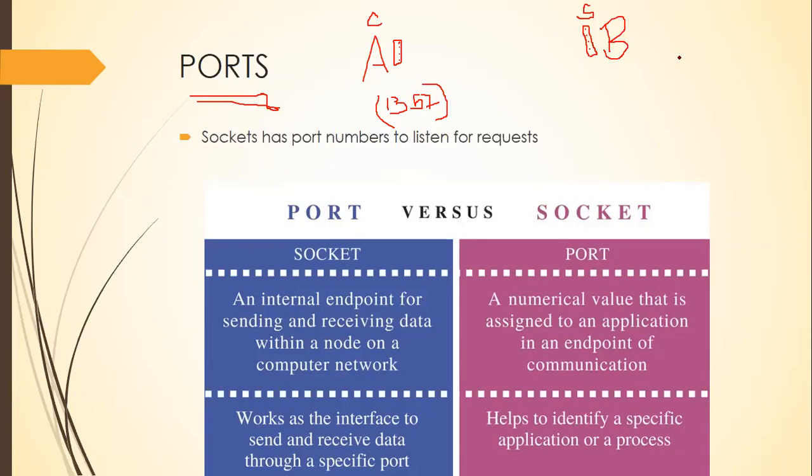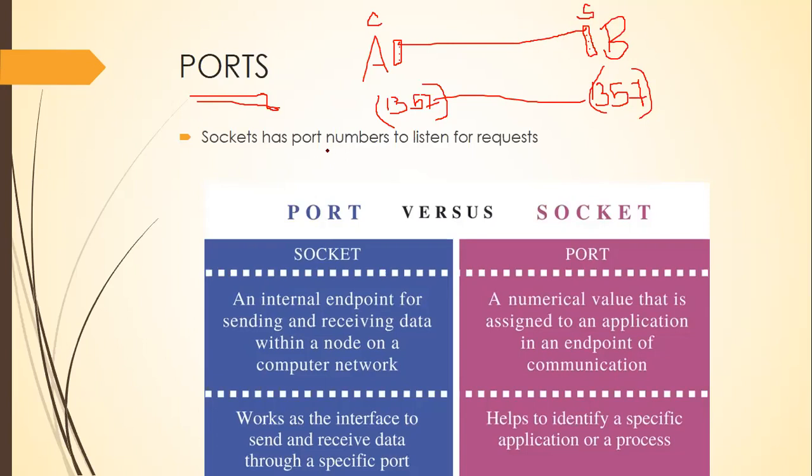Now, what will the server do? The server also will be opening up a port with the same number 1357, and the connection between the server and the client will happen through that same port number 1357.